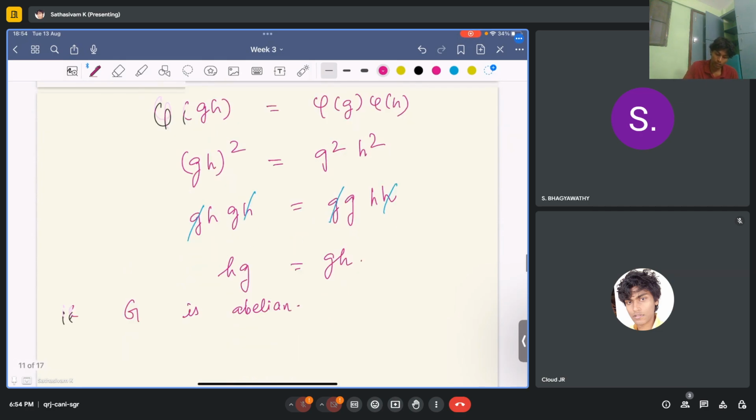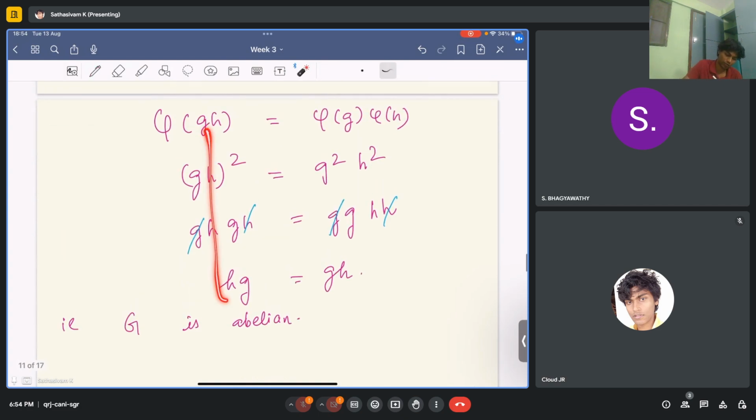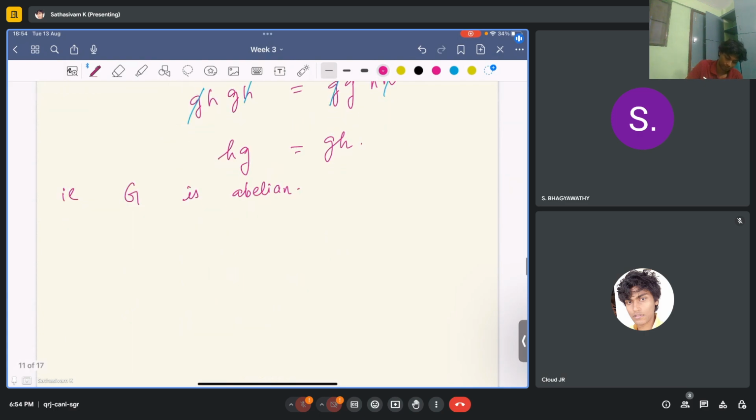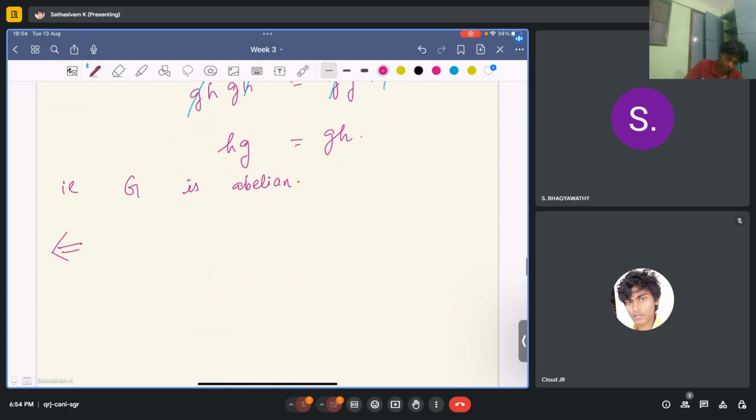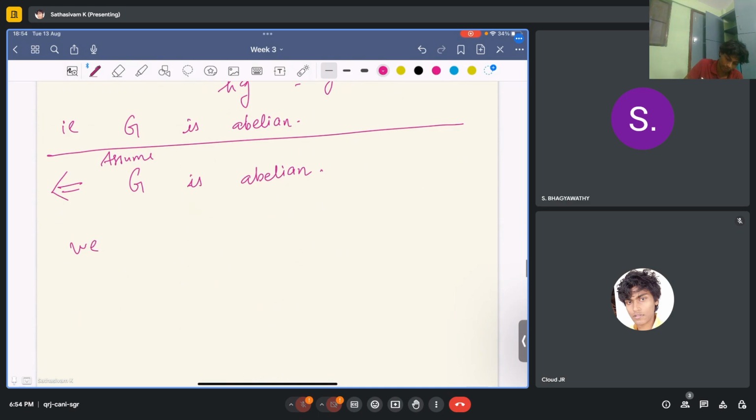That's all. Now how do you prove the other way around? The other way around, you just go directly above. It's the same idea. Let's assume G is abelian, and what we want to prove is that phi is a homomorphism.